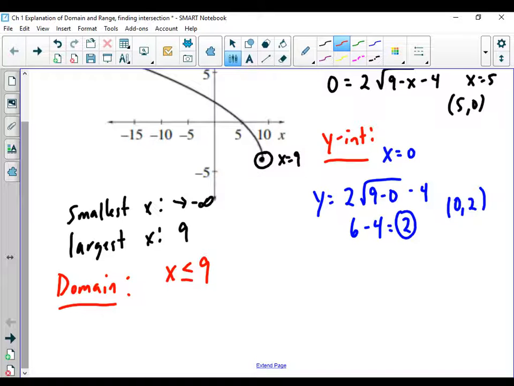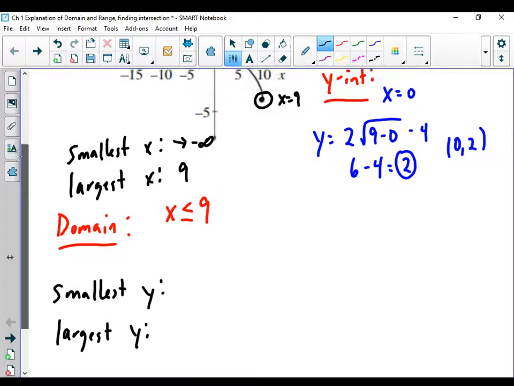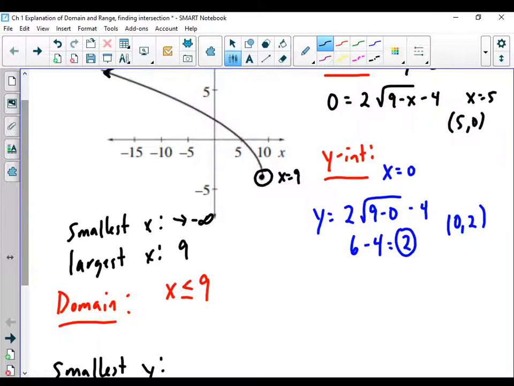Then they ask you about your y's. They wanted to know what's the smallest y and the largest y. So let's go back to my graph. Well, now I'm thinking from bottom to top because I'm thinking about the y values.